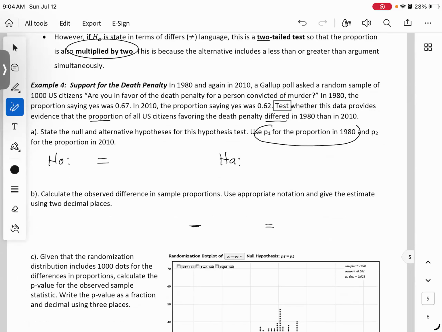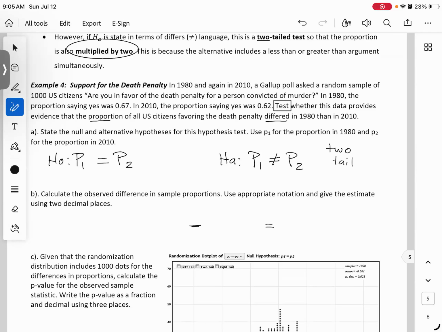They say use p1 for 1980 and use p2 for 2010. So maybe there was no change. Now we can see that there was somewhat of a change, but then here we would say maybe they do differ, which is the idea of a two-tailed test.